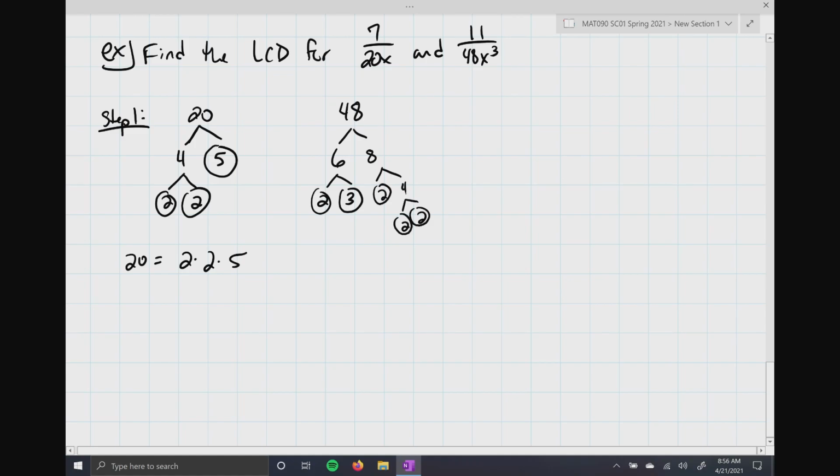And then the 4 can be broken down into 2 times 2. This is called a factor tree. So 48 is going to equal, and I'm going to arrange this in order, 2 times 2 times 2, wow, we got 4 2's, 1, 2, 3, 4, times 3. So there's step 1. Step 1 is done.